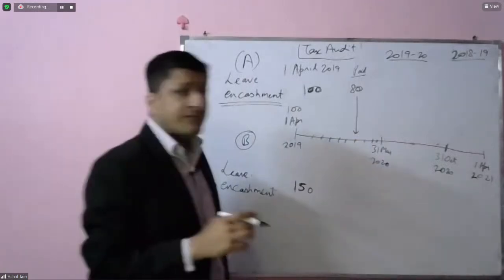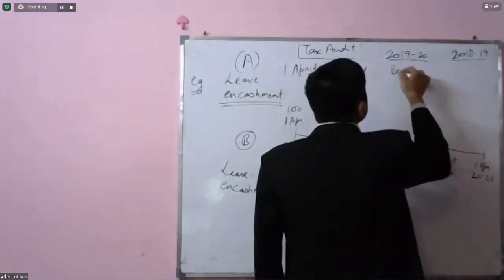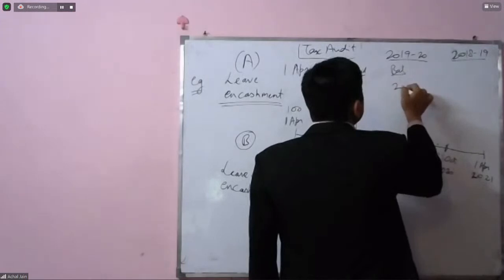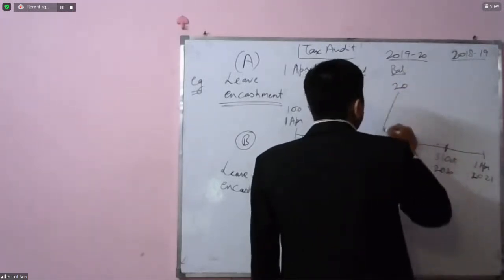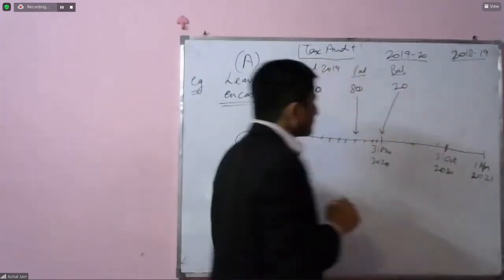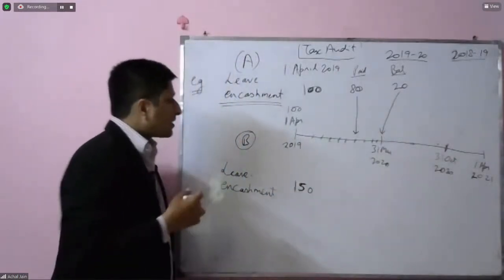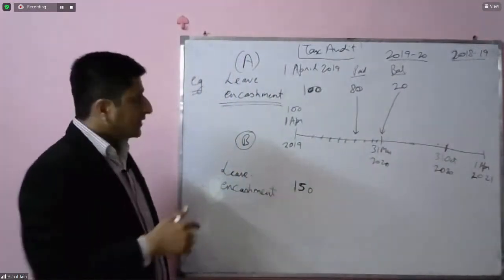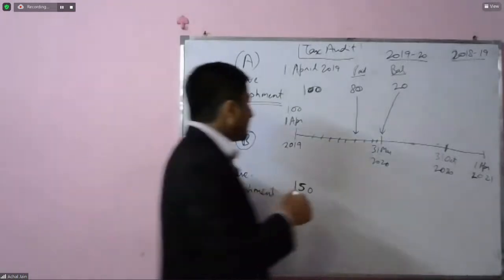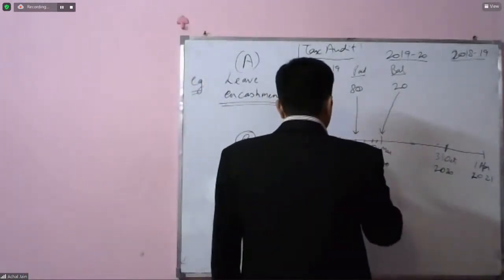Yeah. So what are we left with? 20. So 20 is the balance on this date. Okay. Now let's suppose out of this 150, 75 is paid, say on this date.